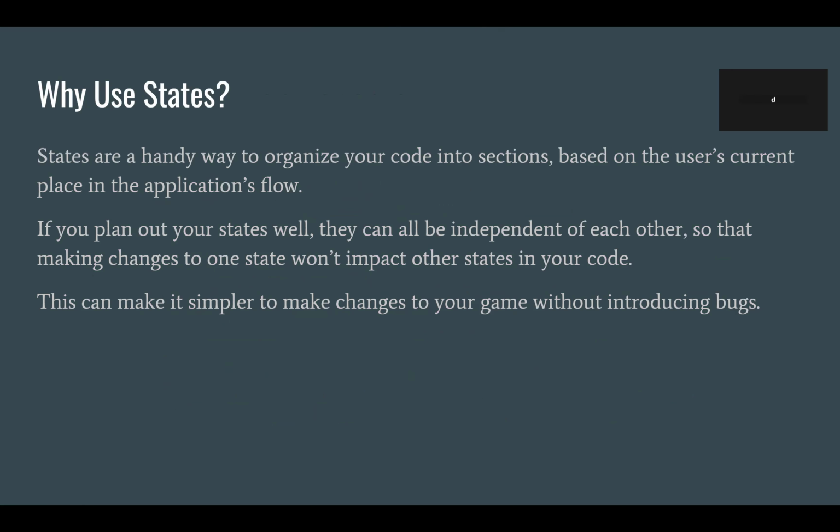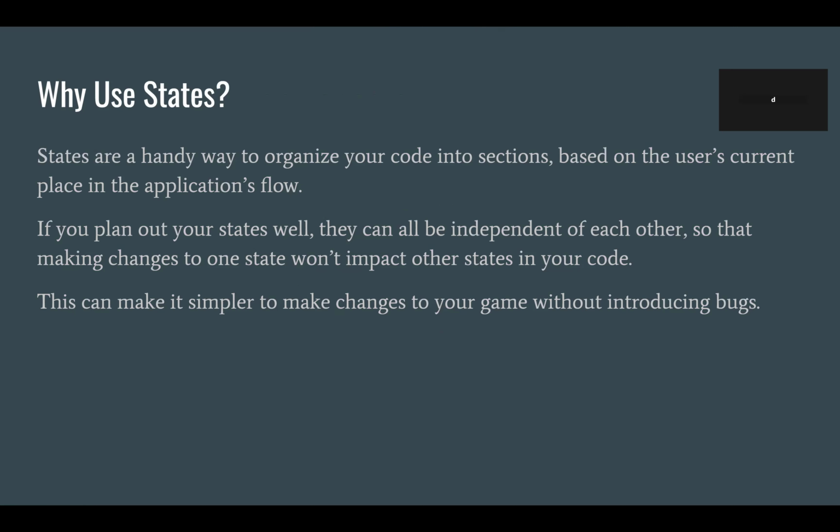Think about what are the different states that need to be in my game, or the different screens, or the different objects, and how they can change. So when you're even just planning out your game or application, you can also use states to think about how different objects in the game will behave at different points.